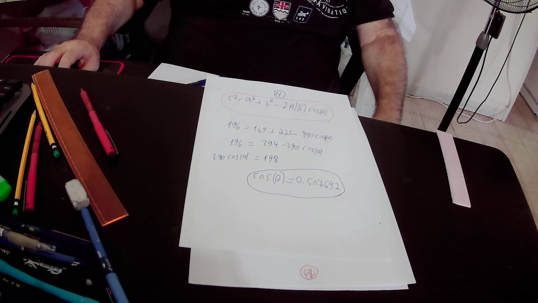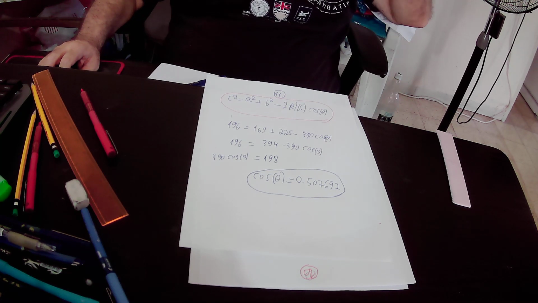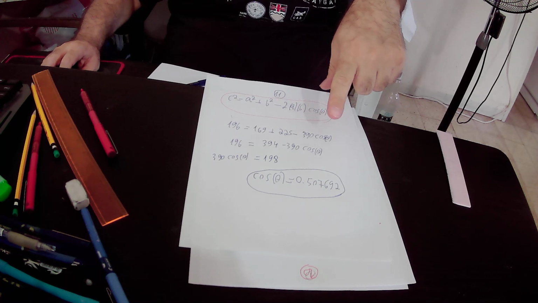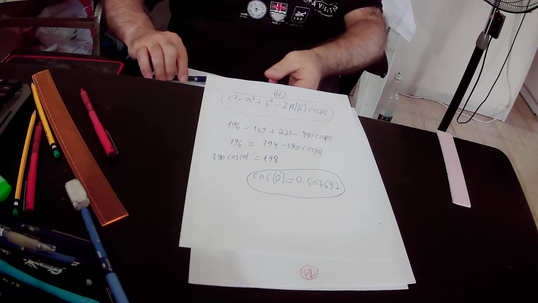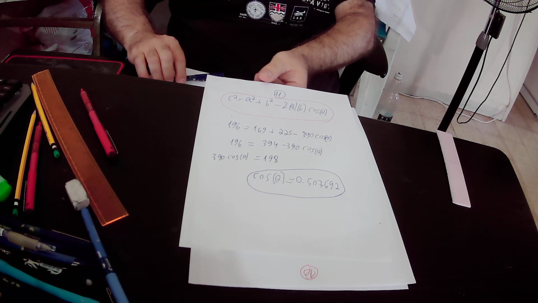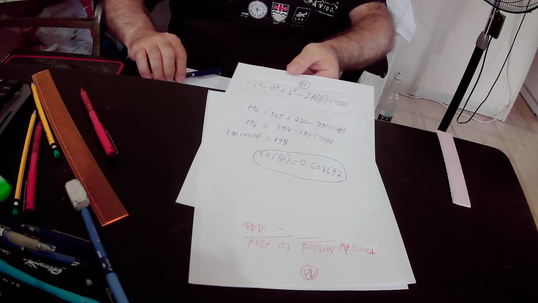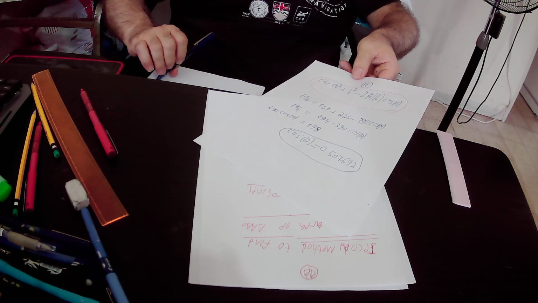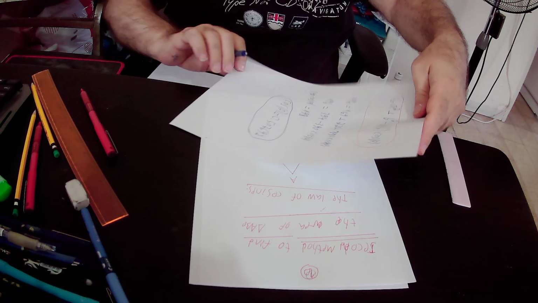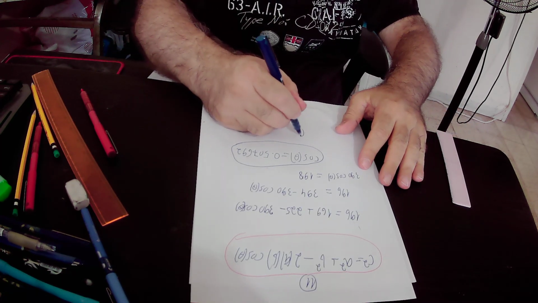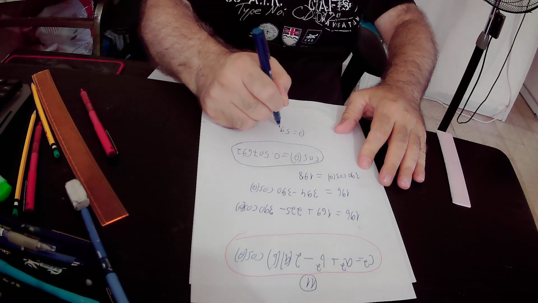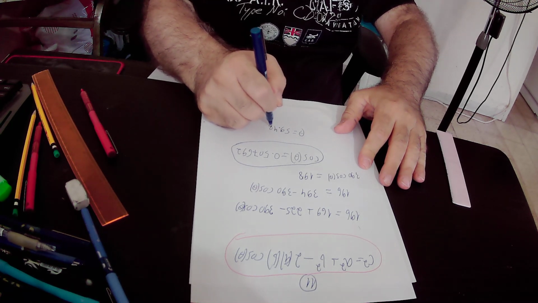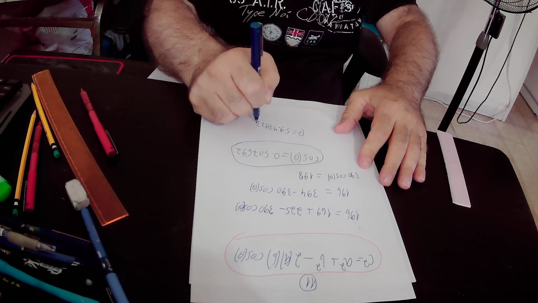The inverse function of cosine theta will give us that theta equals 59.48978 degrees.